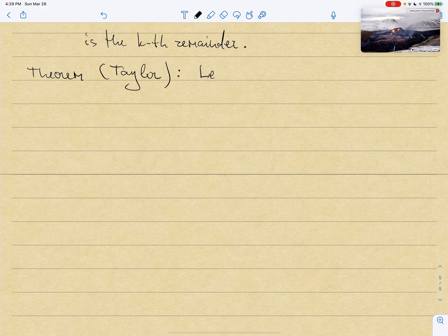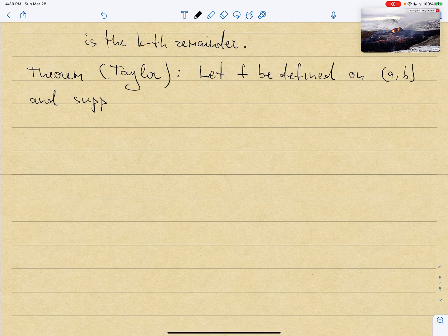So let the function f be defined on the interval AB, and suppose that the n plus first derivative of f exists on AB.